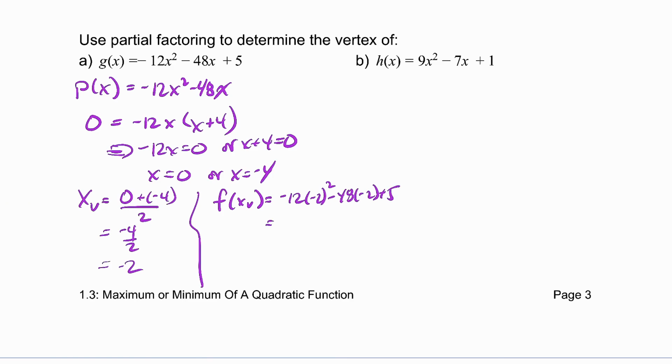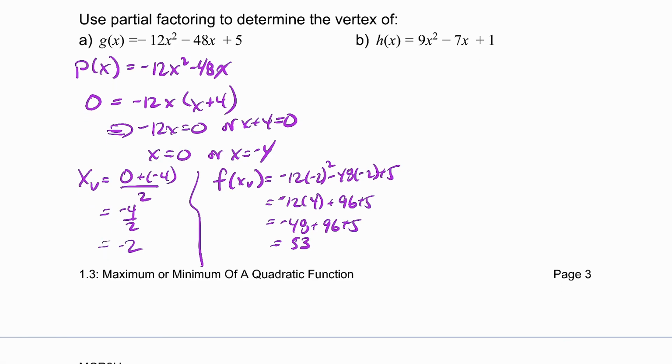So in this case, this is minus 12 times 4 plus 96 plus 5. So negative 12 times 4 is minus 48 plus 96 plus 5. And negative 48 plus 96 is going to be a positive 48, plus 5 is going to be 53.